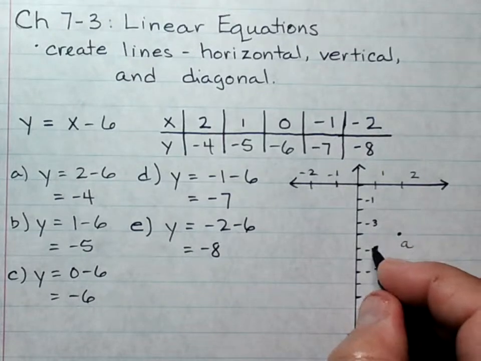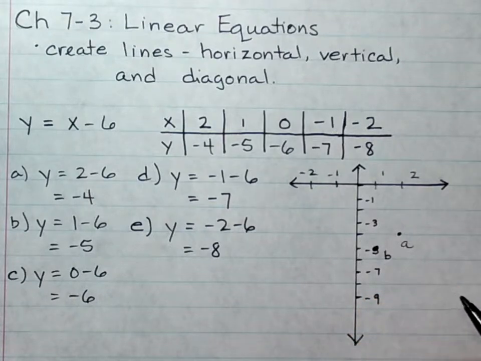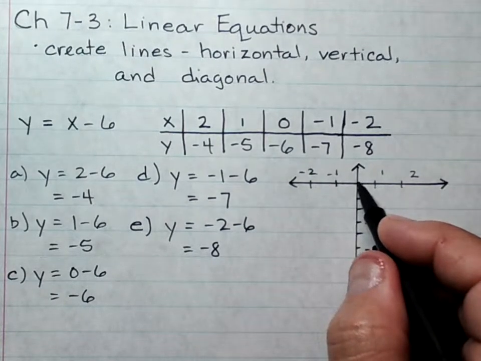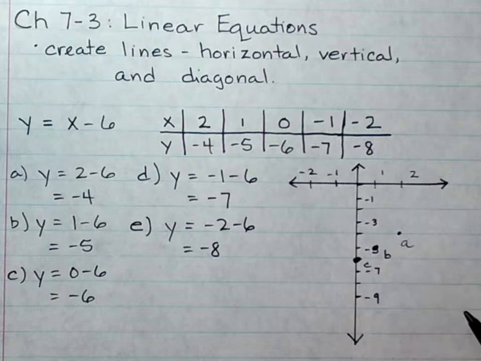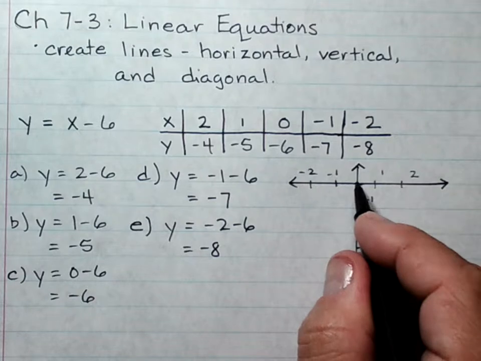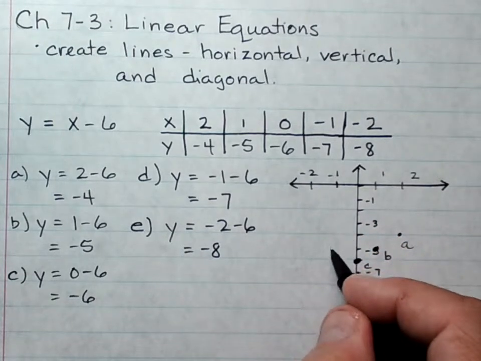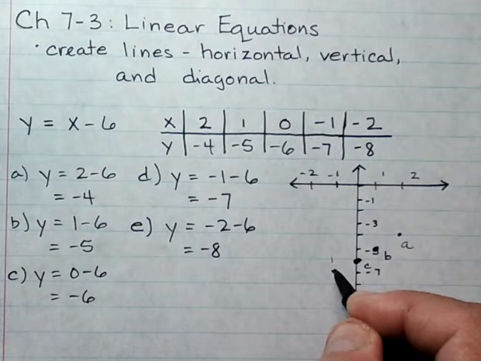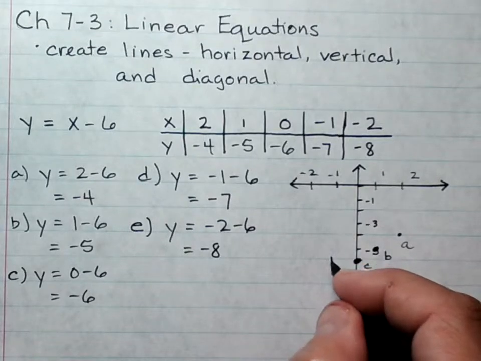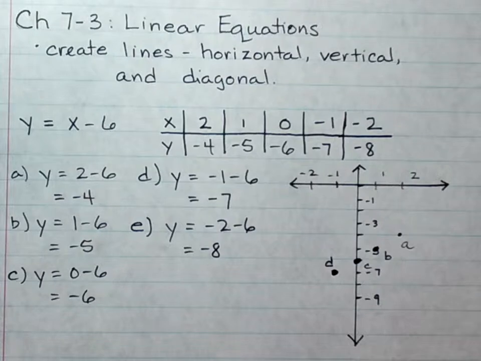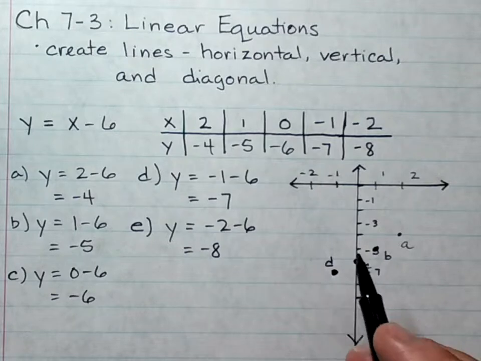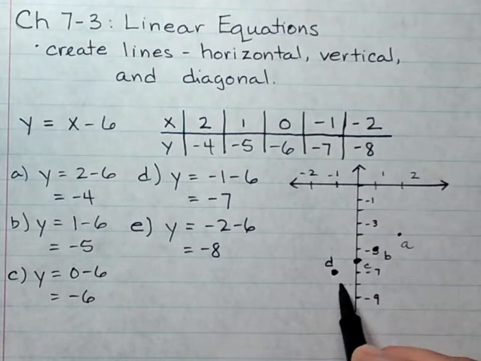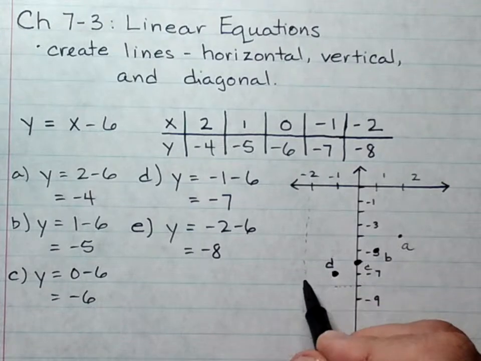So I'm going to put it right on top of that 5. 0, negative 6 is C. Negative 1, negative 7 is D, and then negative 2, negative 8 should be around there.